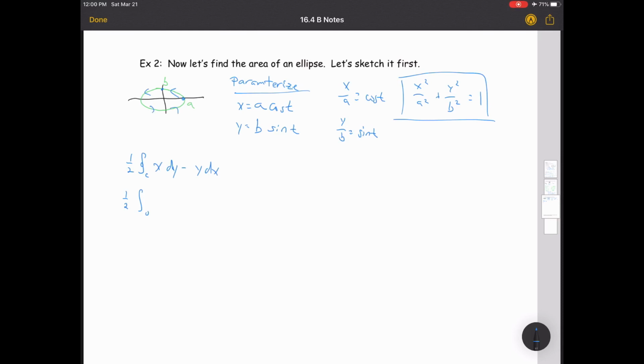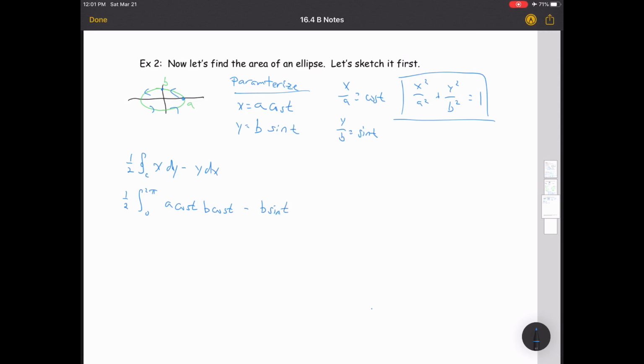So 0 to 2 pi. x was a cosine of t. dy is going to be b cosine t dt, but I'll add the dt at the end because it's going to be dt for both of them.